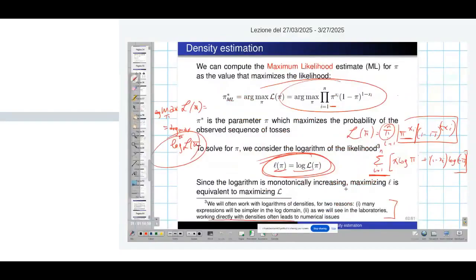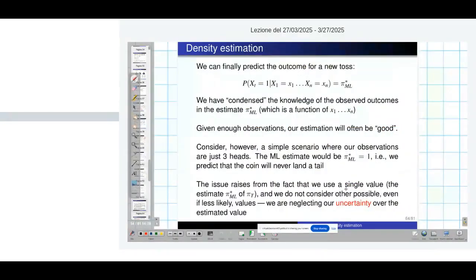Okay, then problems with this solution. If we have lots of examples, then the pi that we estimate will typically be good for our task. But imagine that you came when the game was just started and you observed 3 head tosses. So you have only 3 observations, all 3 of them are head.